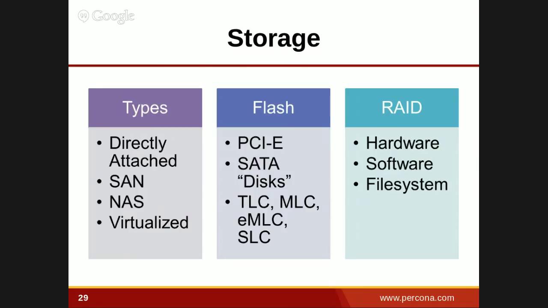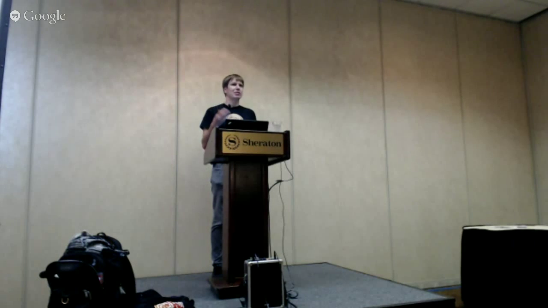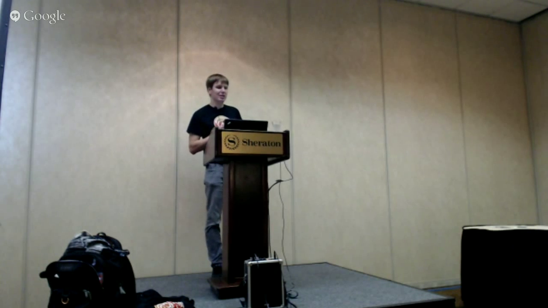There are also a number of ways you may think about the availability for that storage, which may be using hardware RAID, software RAID, or a file system like ZFS. And also note that if you're using high-performance or enterprise solid state storage, then it essentially has a RAID internal in the card, right? So you may not really need that.